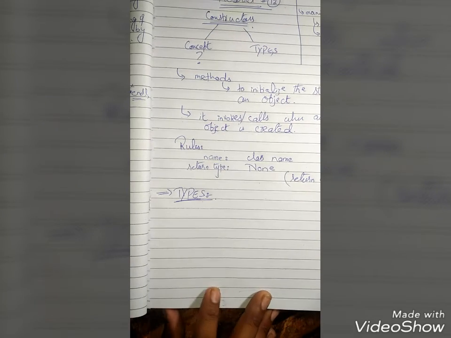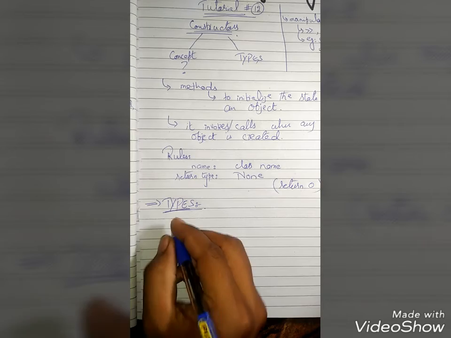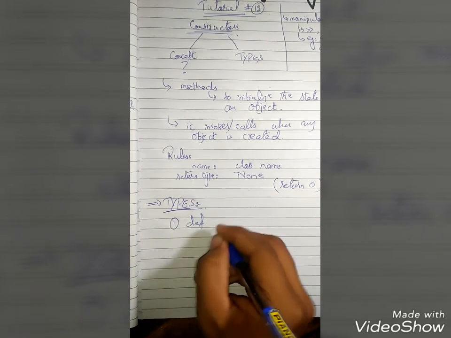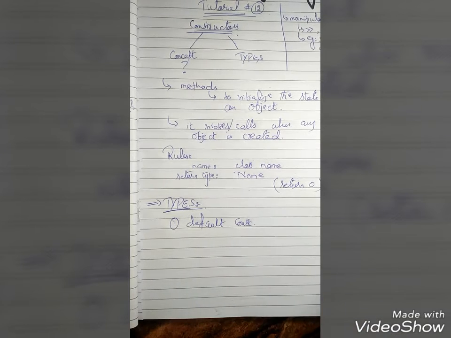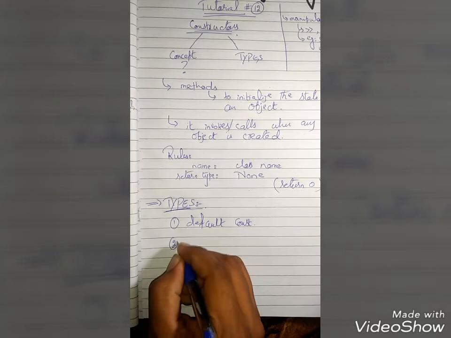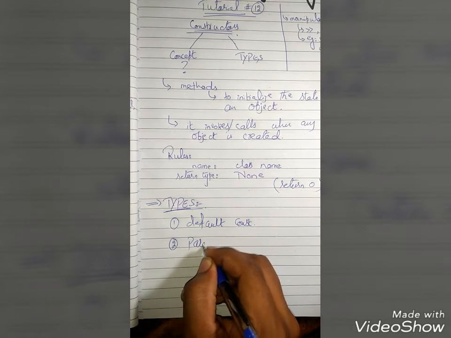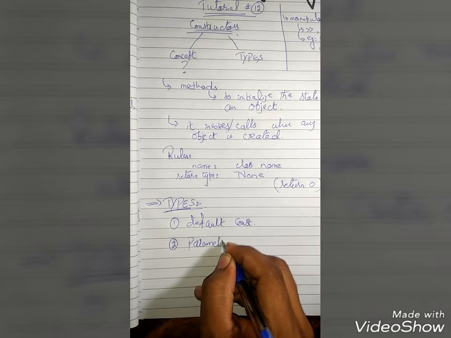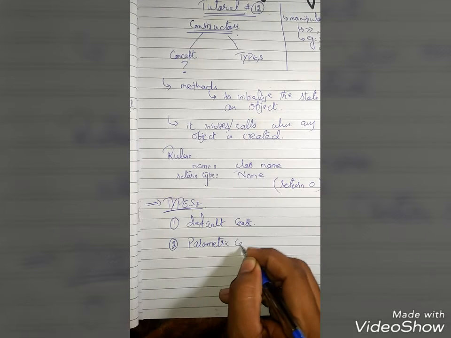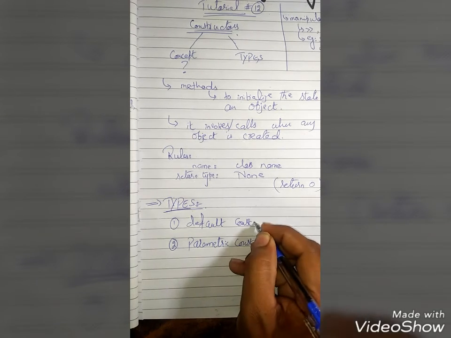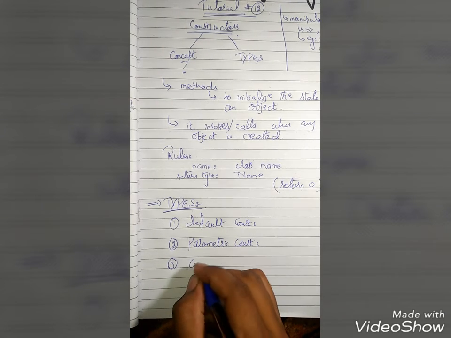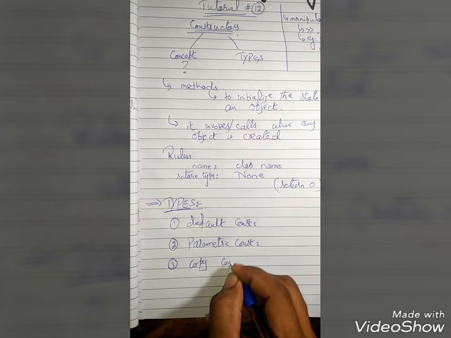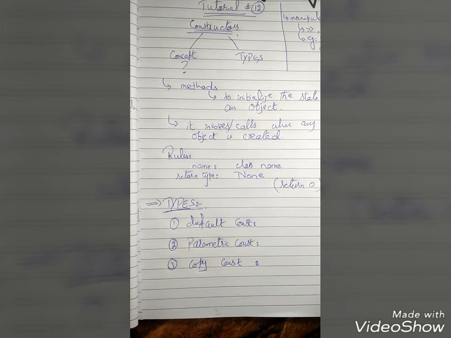The very first type is the default constructor, the second one is the parametric constructor, and the third one is the copy constructor.